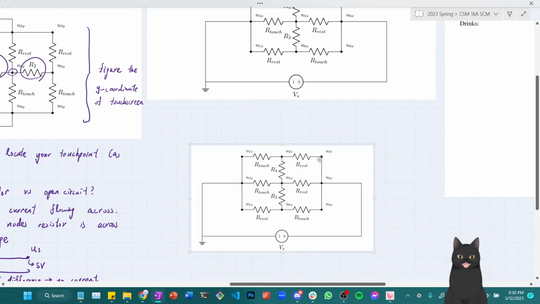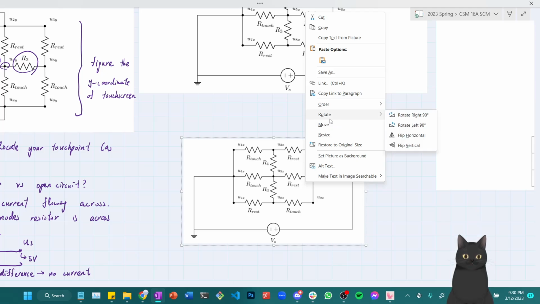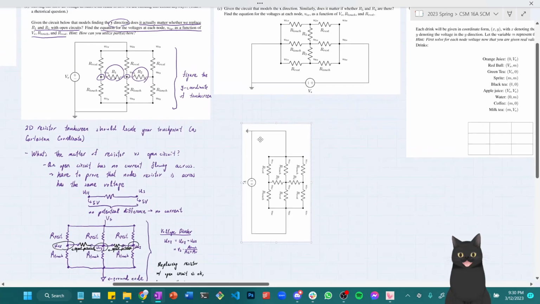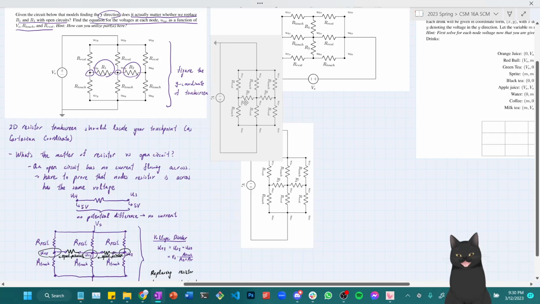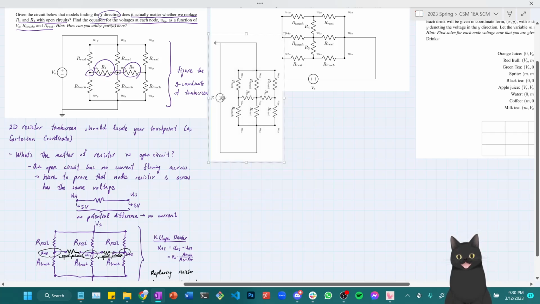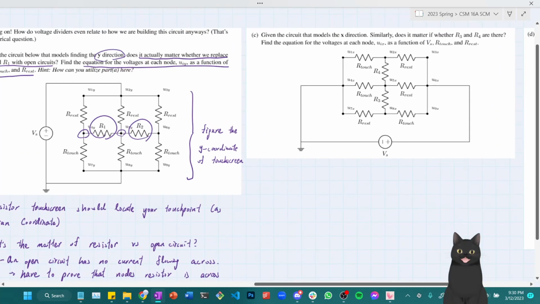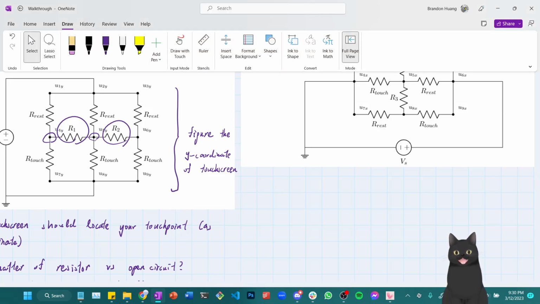If I rotate it in the vertical direction, I see that this circuit is exactly analogous to our circuit that is finding the y touchpoint coordinate. So the circuit for finding the x coordinate of the touchpoint and the circuit for finding the y coordinate of the touchpoint are actually working similarly.